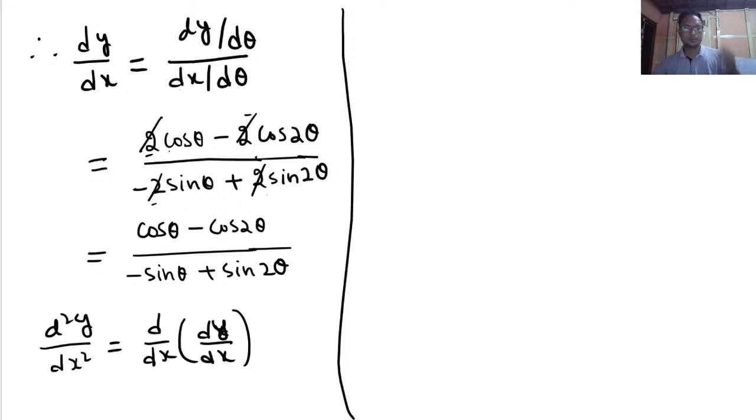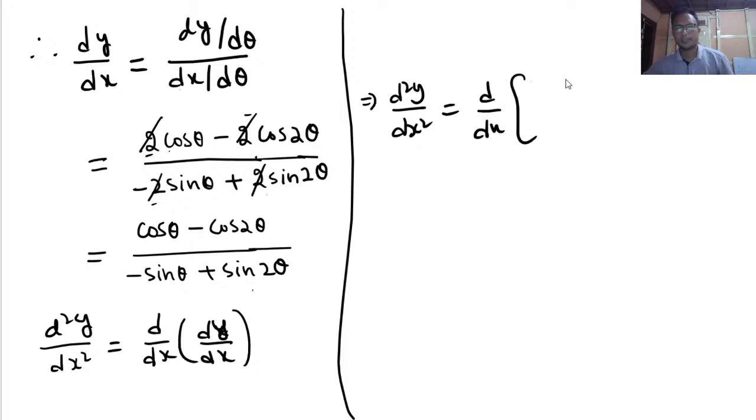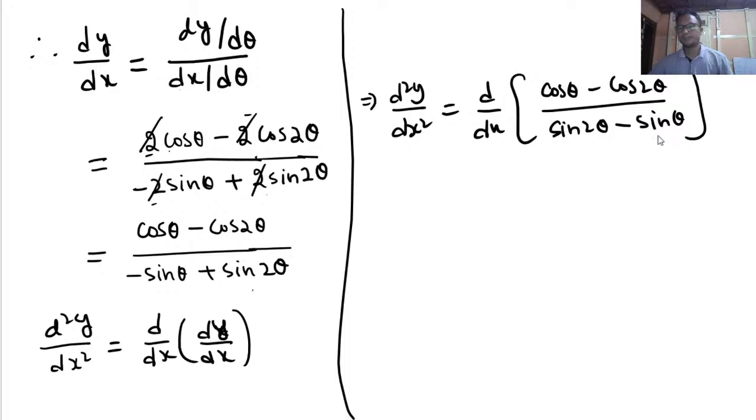When we differentiate, we get d2y by dx square as a function of theta. So d by dx of dy by dx, which is cos theta minus cos 2 theta divided by sin 2 theta minus sin theta.